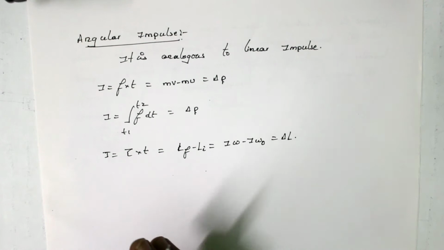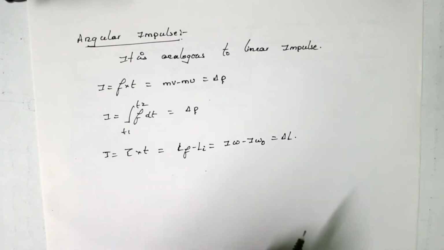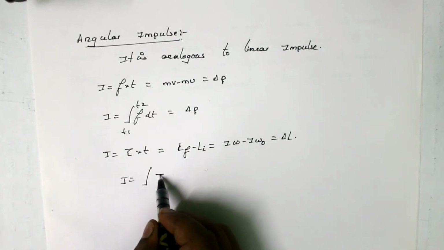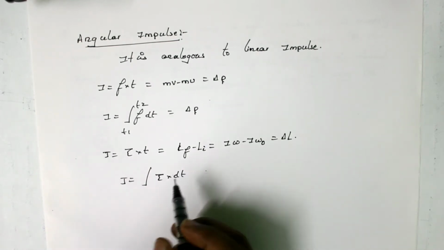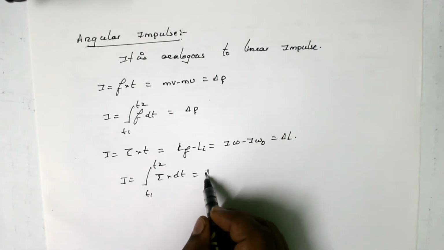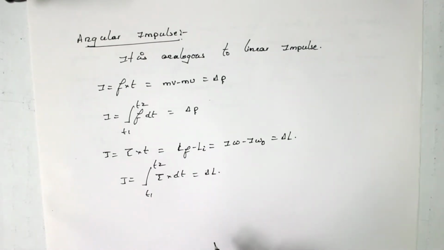If torque is not a constant and is variable, then I can write J is equals to the integration of tau dt, again with limits from t1 to t2. This is also equal to the change in angular momentum of the body about the center of mass.